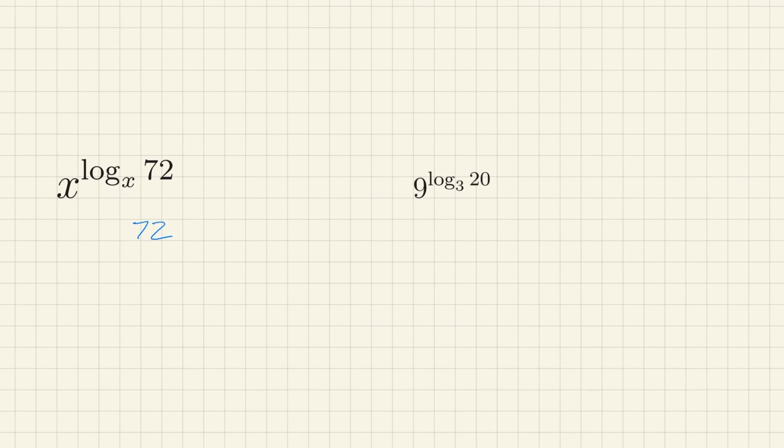So 3 squared is 9, and this is being raised to the log of 20 base 3. Now we know that we have a power raised to a power. We multiply the powers, so it becomes 3 raised to the 2 times the log of 20 base 3, and this is equal to not just x, but rather x squared.